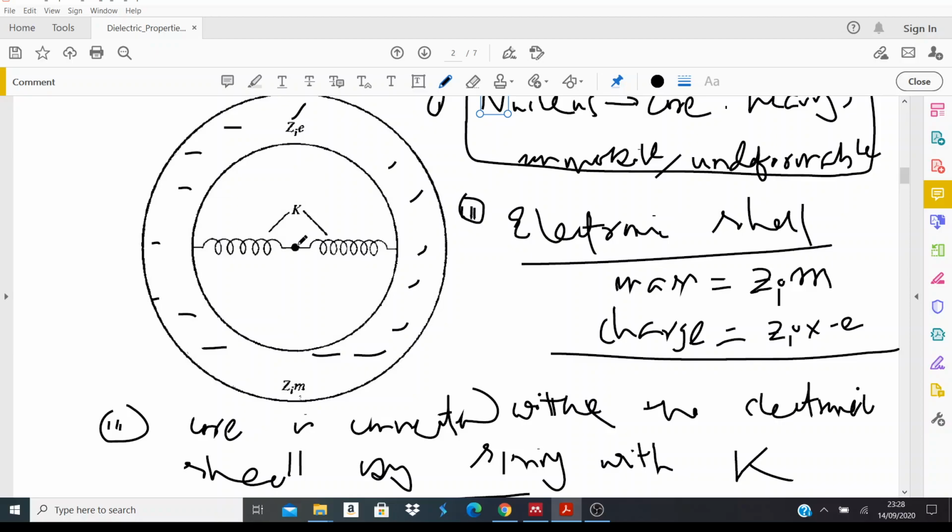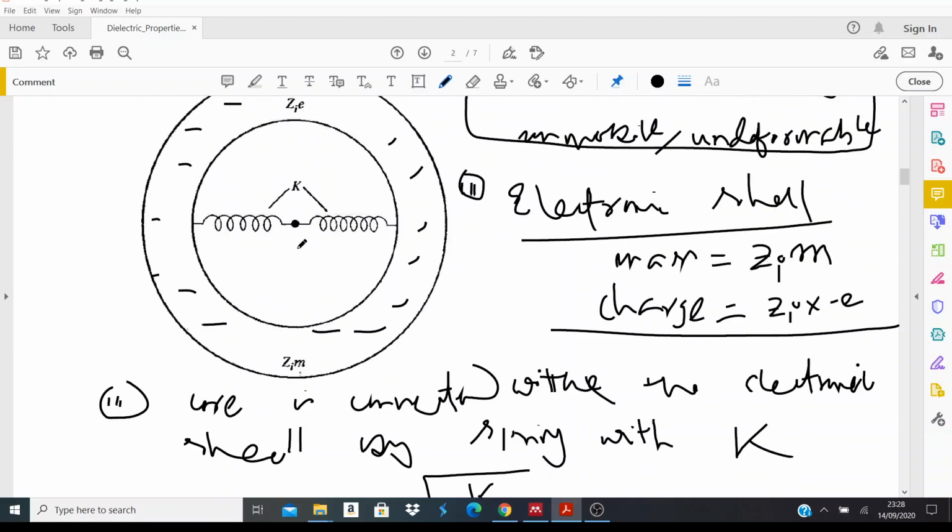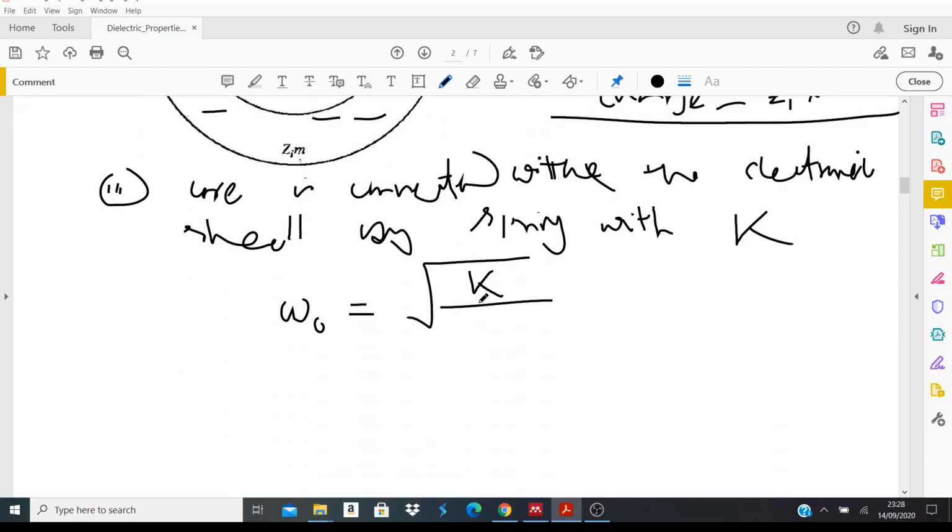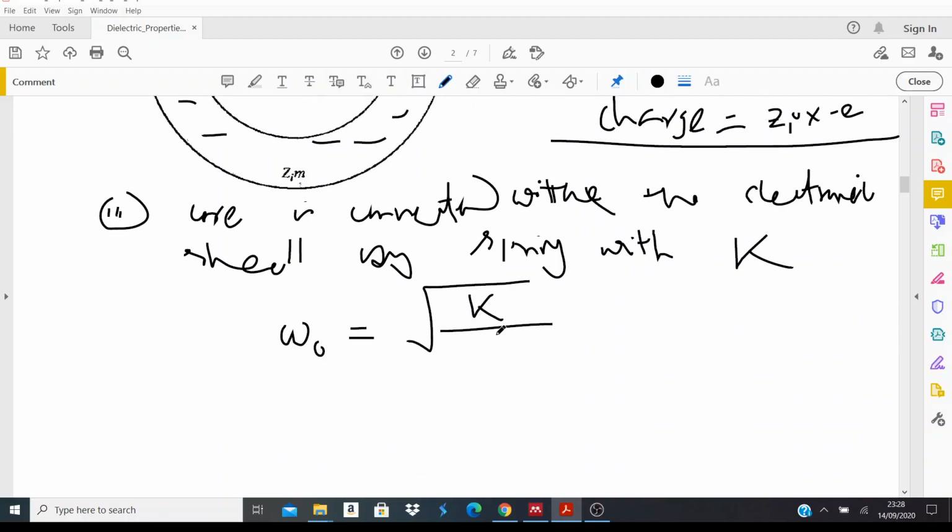You can think of it like a wall; it is not moving. All that moves is the shell, so only the mass of the electronic shell goes into this formula. And the mass of the electronic shell is Zi times m.